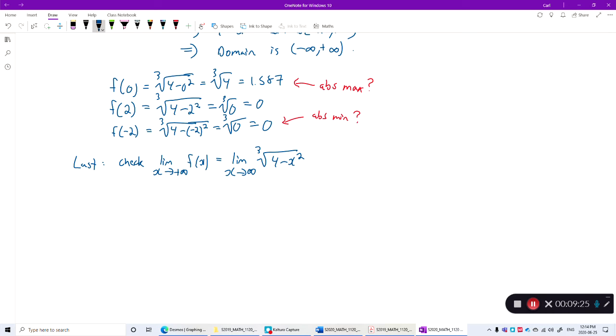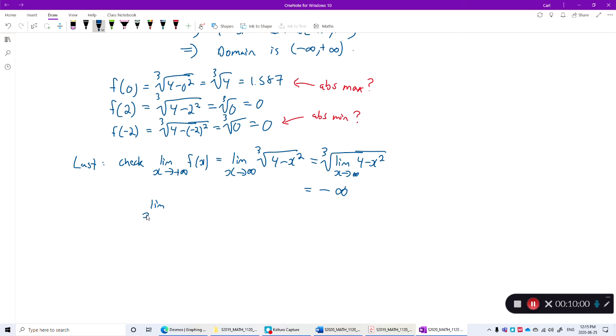Now let's think about this. If x is very large, then we're going to get a negative infinity in the cube root, right? So we can think of it like this. I'm imagining what happens here. So this will become negative infinity, cube root. That's going to be negative infinity. What about the other way?